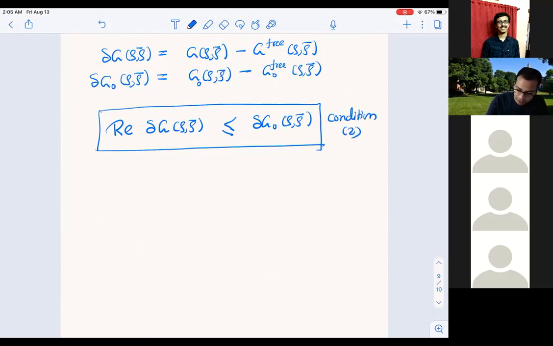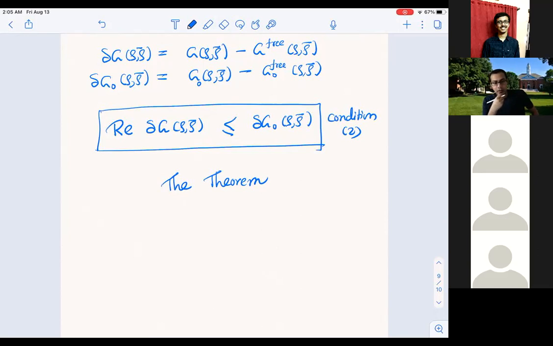Before I proceed, any question? Okay. Sorry, Sandeep, I did not get it. Even if I do this, if I bring everything together to the left, the free part will still cancel out, right? The free part will not cancel out.